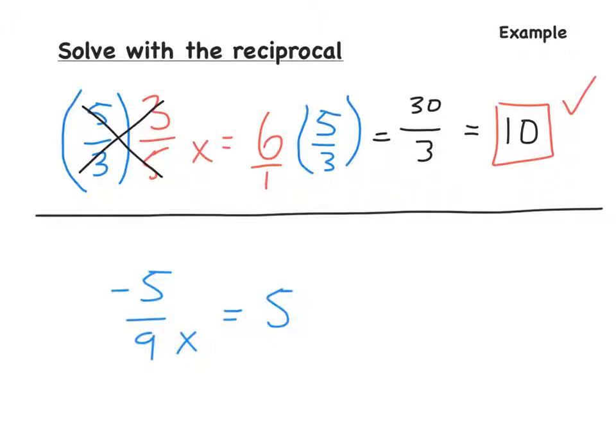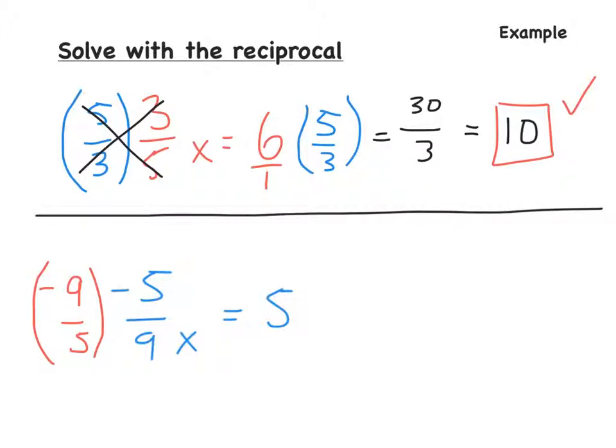The next one, we have negative 5/9 times x is equal to 5. So we must use the reciprocal. The reciprocal of negative 5/9 is negative 9/5.